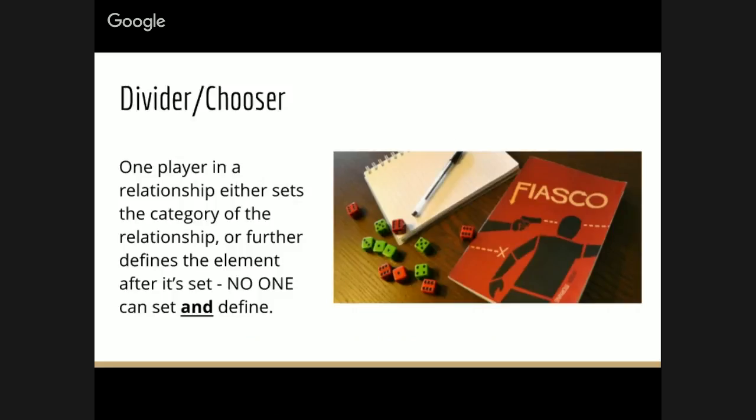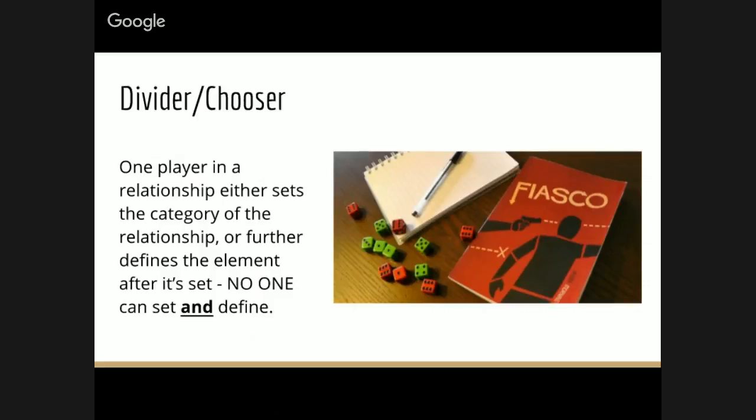Now, the game sheets inherently use what's called the divider-chooser method from the idea of game theory and mathematics. Again, that idea is you take some kind of fictional resource like cake or pie or something tasty like that. One person has to divide it. The other person gets to choose between the things that are divided. In Fiasco, you've got more than 2 people, so it gets a little more complicated. This comes into your categories. With the relationships, one player can set the relationship where the other defines it.